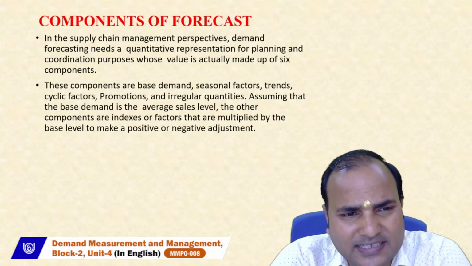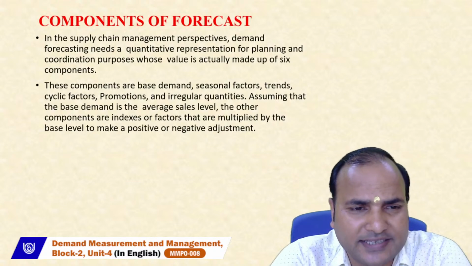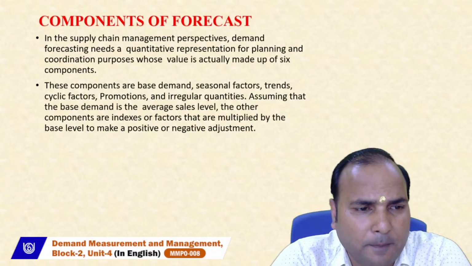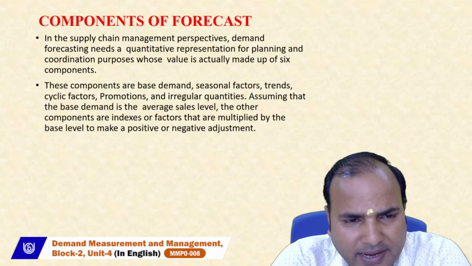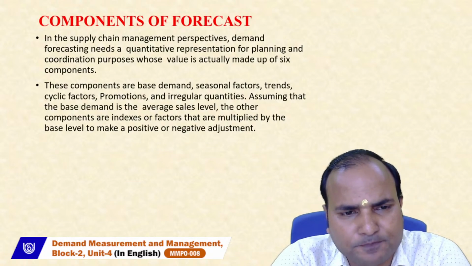Assuming that the base demand is the average sales level, the other components are indexes or factors that are multiplied by the base level to make a positive or negative adjustment.